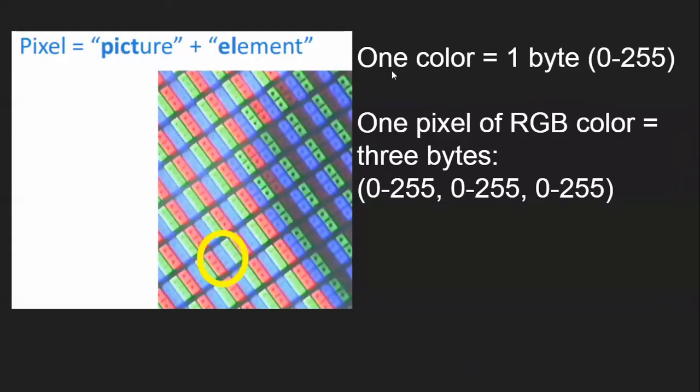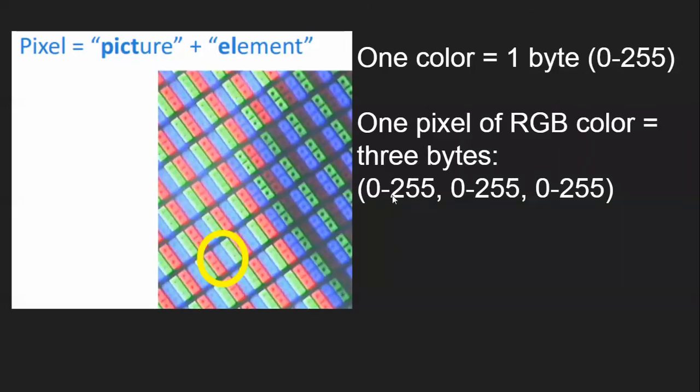So if we take that to the value of color, here is a super zoomed in picture of the Facebook logo, and just remembering that every pixel on the computer screen is broken up into red, green, and blue values. Here is where we start talking about color. So one color is given 1 byte from 0 to 255, and 1 pixel of RGB color is 3 bytes.